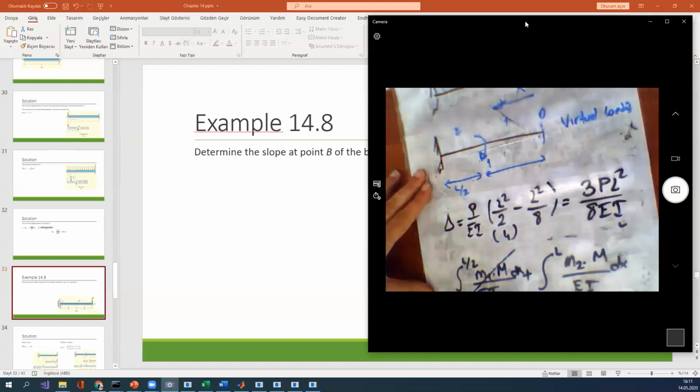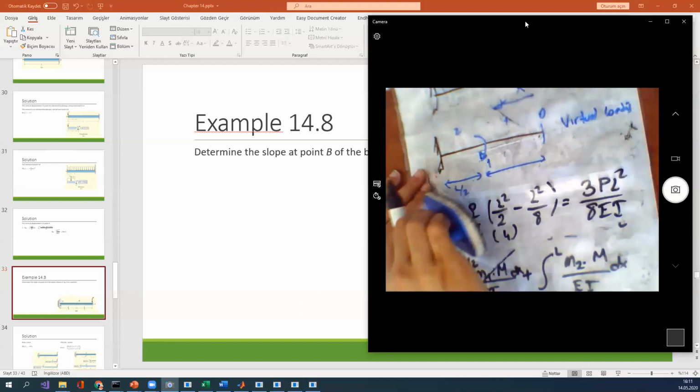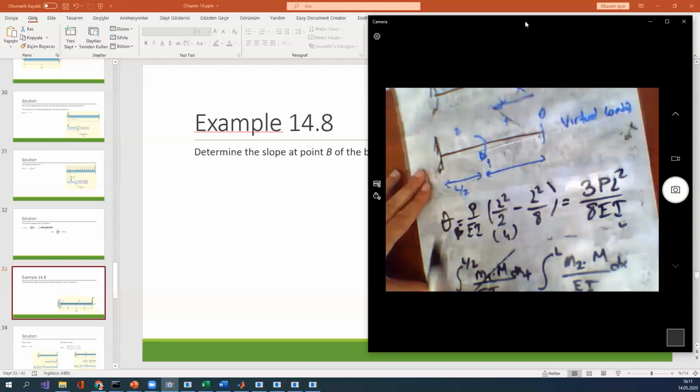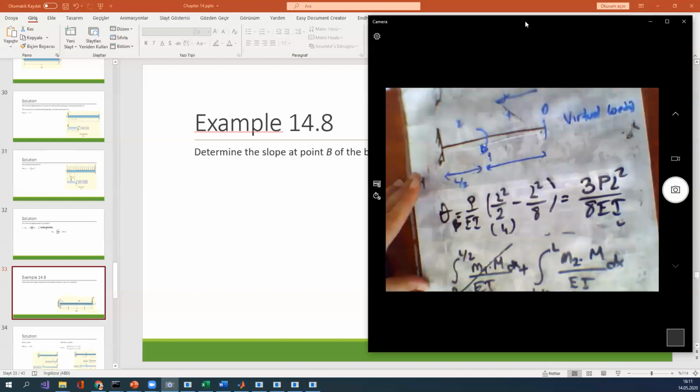Where is the delta V? This is theta P. This is a slope. Okay, this is our solution of example 14.8.